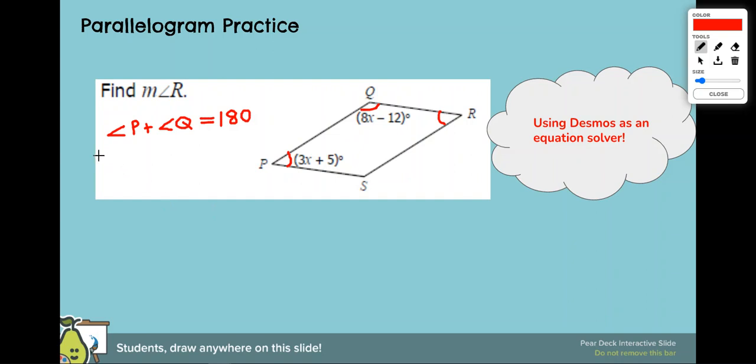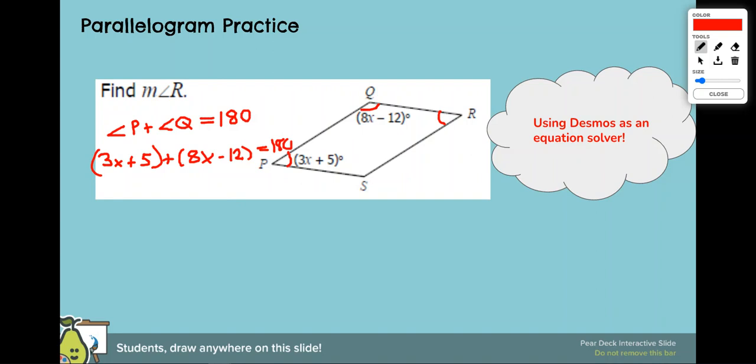So I'm going to add them together to equal 180. 3x plus 5, angle P, plus angle Q, which was 8x minus 12, together are going to be equal to 180.